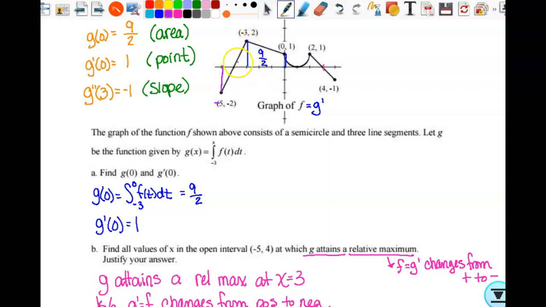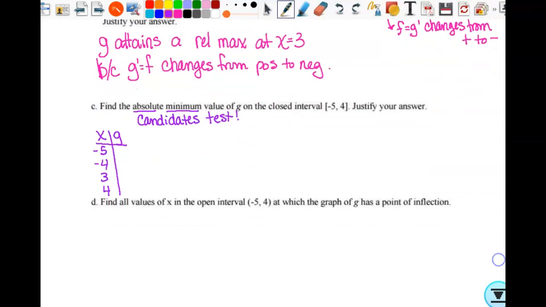See, this is 2 and 1, so that's 1, and that's 1, right? Well, the area itself is 1. Does that make sense? Okay. And I'm going to go from negative 3 to negative 5. What happens to these two areas? They just cancel out. So when I go from negative 3 to negative 5, it's just 0. So this one is 0.